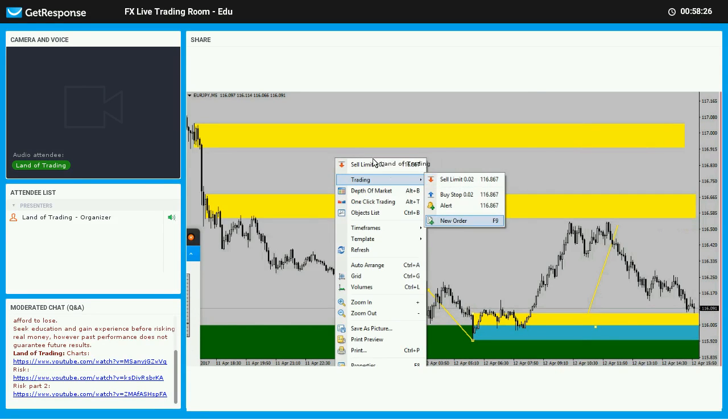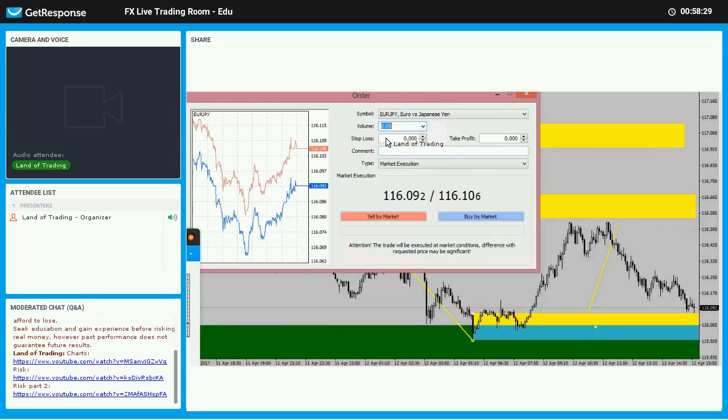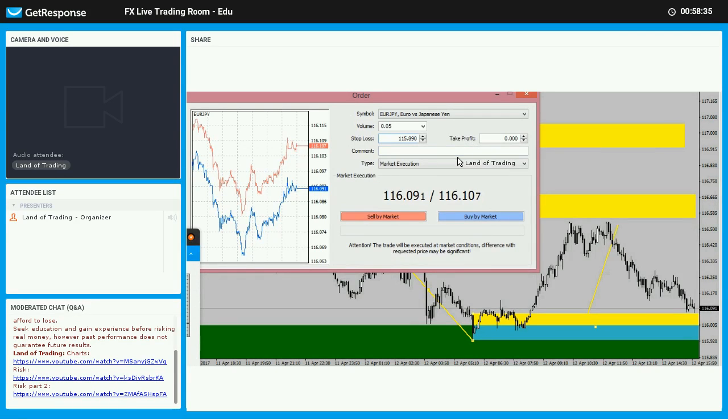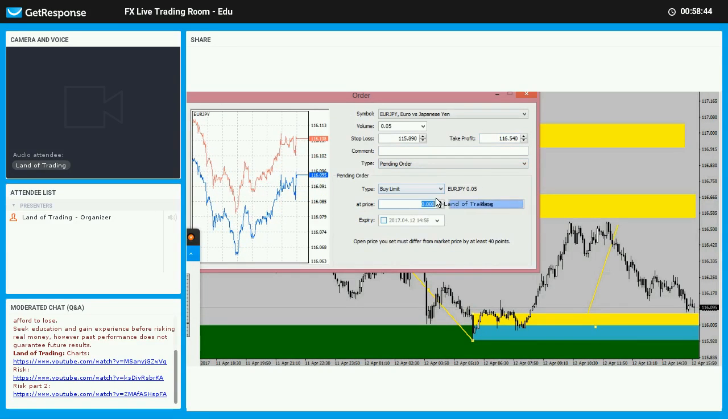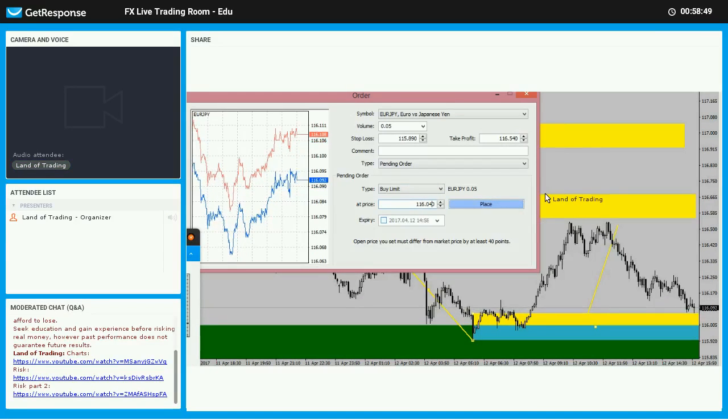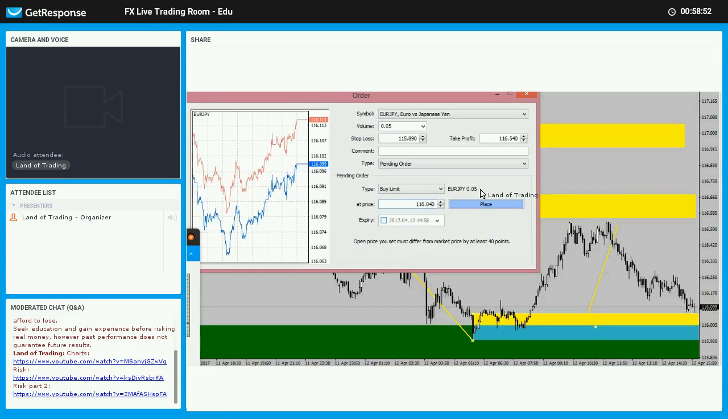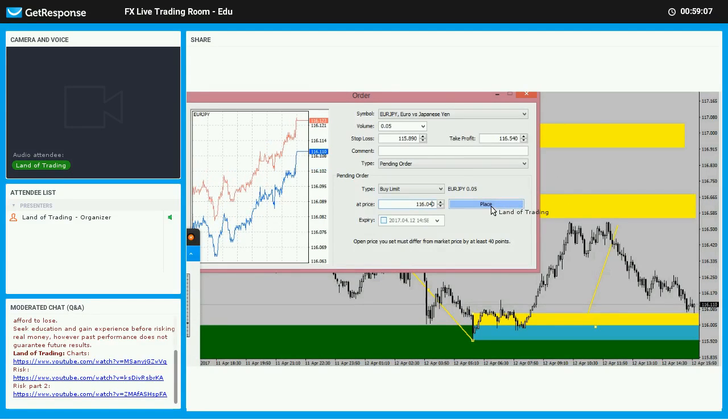But I'm gonna use this 3 levels approach, 0.10, 0.15, 0.25 from the risk perspective. If you don't know what I'm talking about, visit YouTube and check the risk part 2 video.